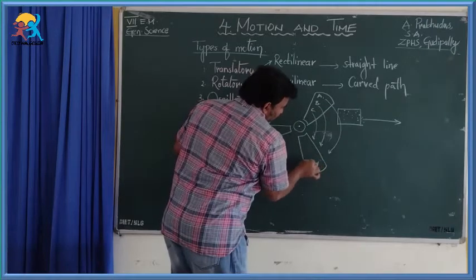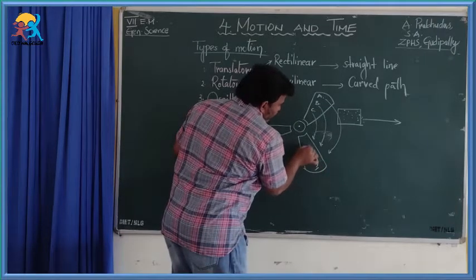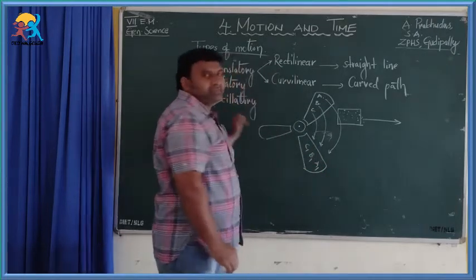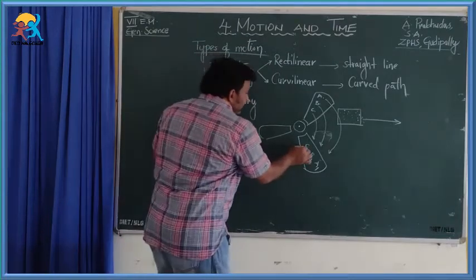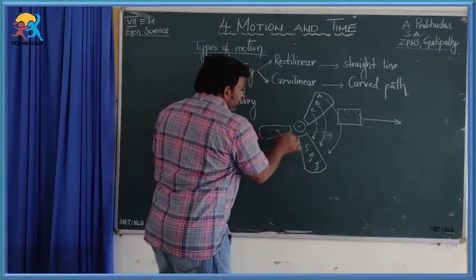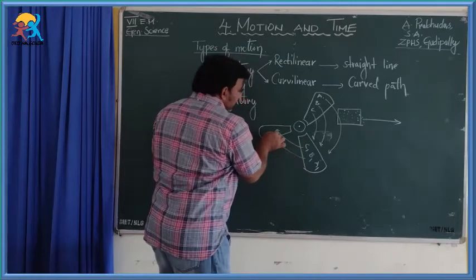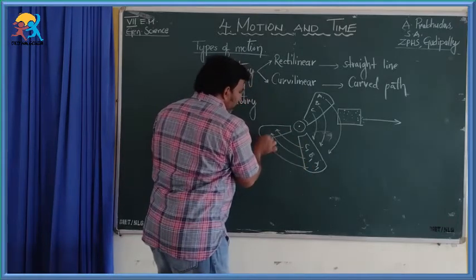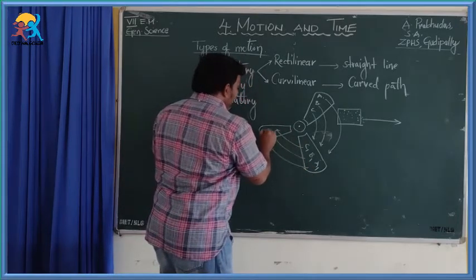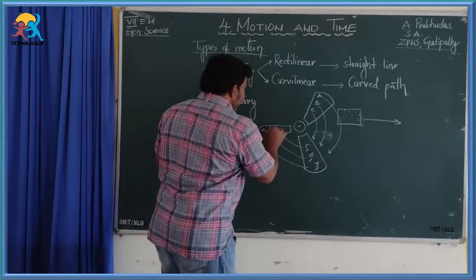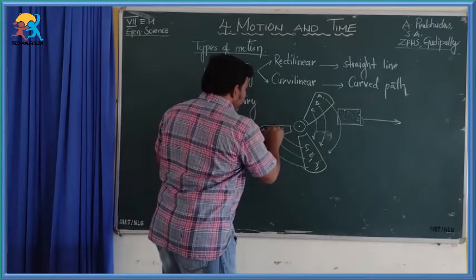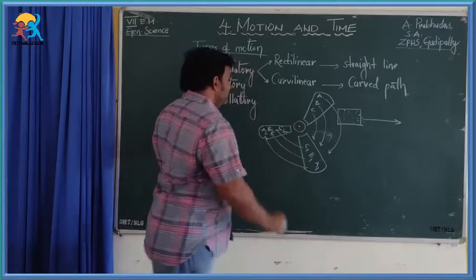Particle A moves to A1, particle B moves to B1, particle C moves to C1. Again, the position of the particles changes continuously. Now, the particles move to points A2, B2 and C2.